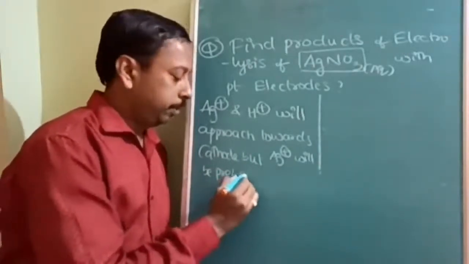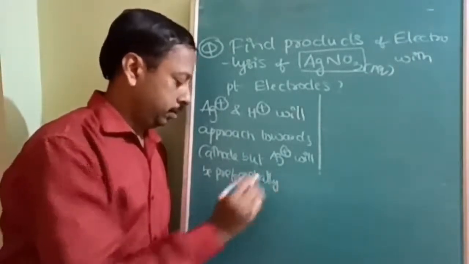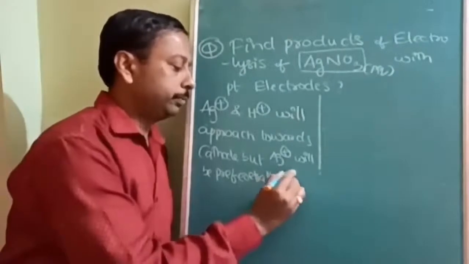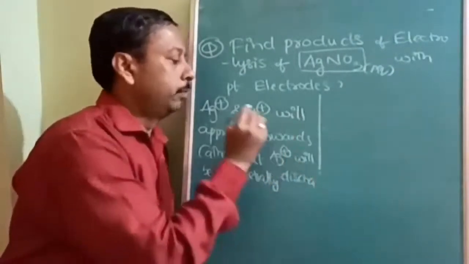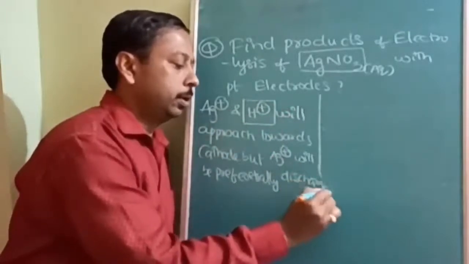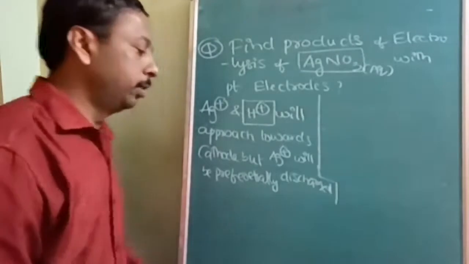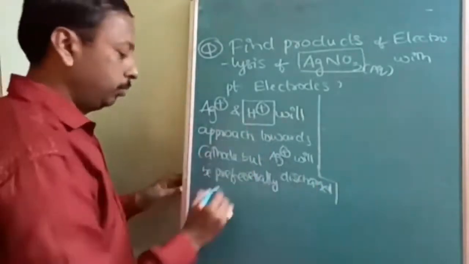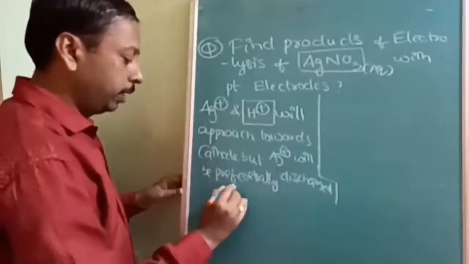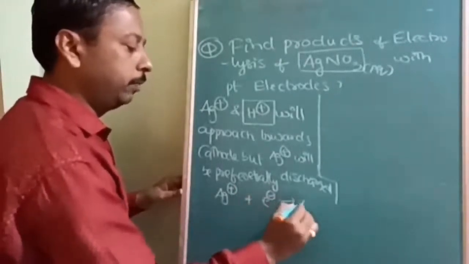So here, what is left over? H plus is left over as of now, because that will be used afterwards. So for the time being, I will write: Ag plus plus an electron gives Ag.